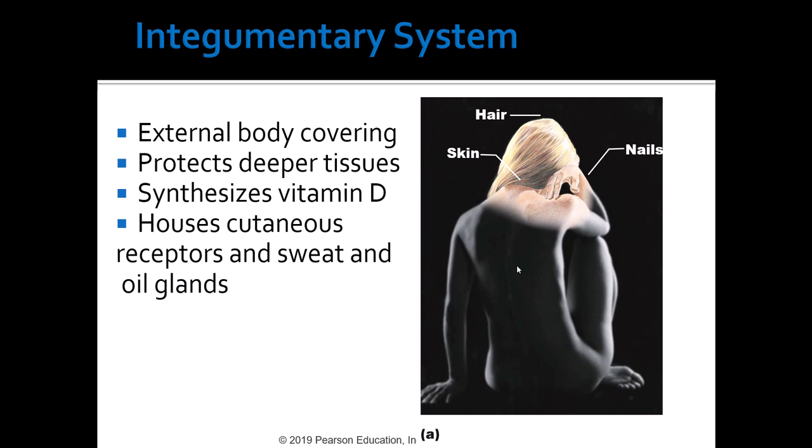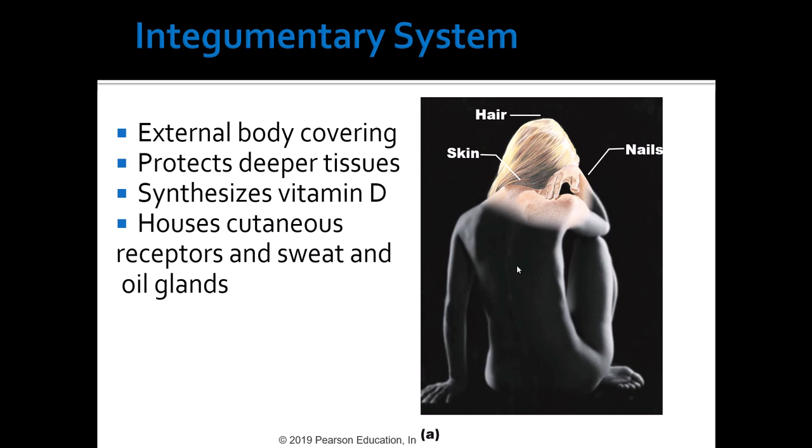So you can see reproductive system, urinary system, digestive, respiratory, lymphatic and immune, cardiovascular, endocrine. All of that will be covered in A&P 2. In A&P 1, we will do the nervous system, the muscular system, the skeletal system, and the integumentary system, because we have some of that basic underlying biology to cover as well.